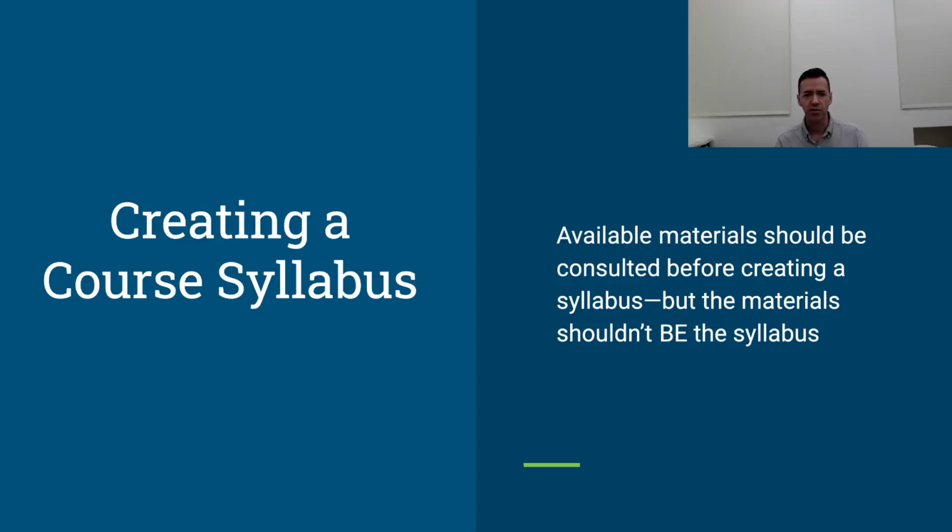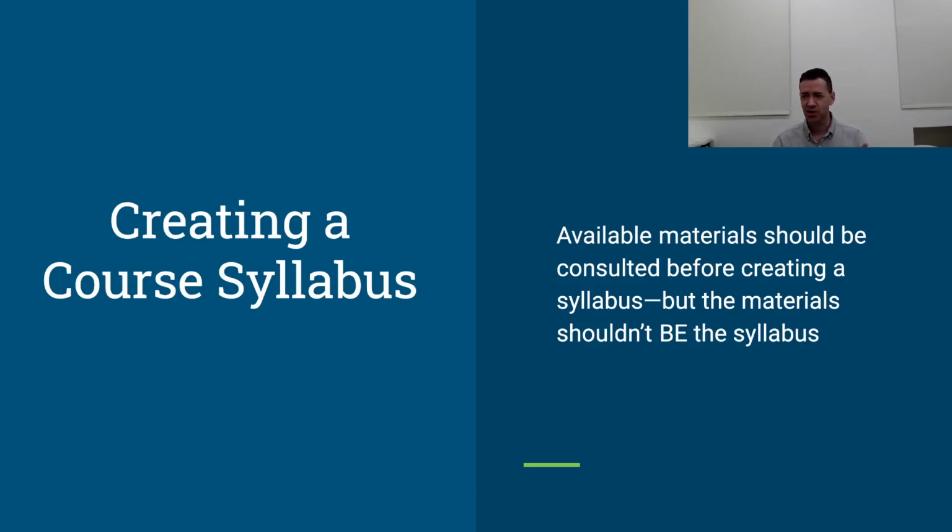Okay. The next one is to create your course syllabus then. So here, as I mentioned, available materials should be consulted before you create your syllabus. Of course, if you're going to make your units based on the textbook chapters, then of course you need to have the book and you need to look at them back and forth. However, this is really important.